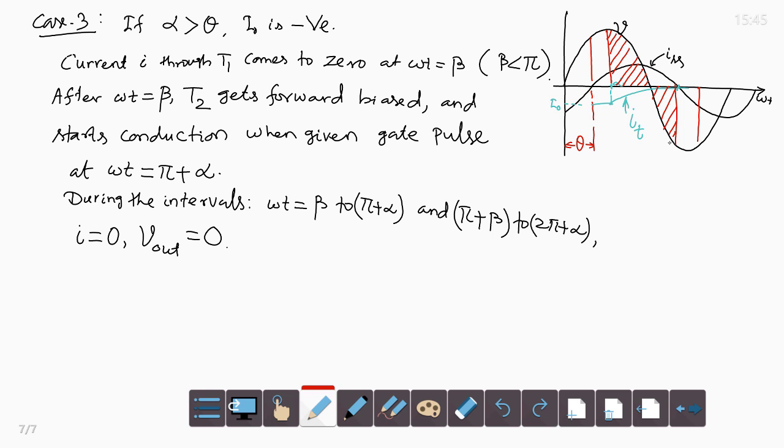So, when T1 is conducting, a voltage V is applied across the output which is shown hashed, and also when T2 is conducting, voltage applied is negative, so this is the output voltage.